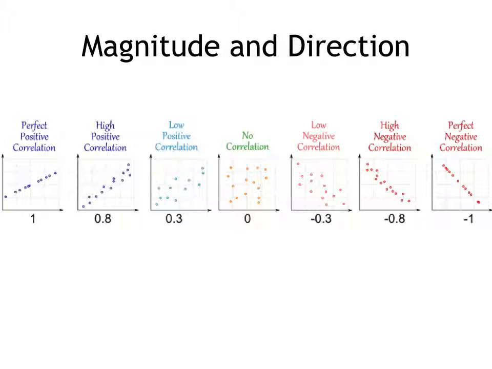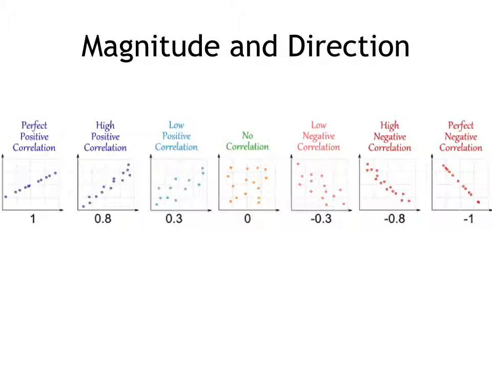The middle one, there's no correlation. There, you cannot see a pattern or a slope at all. Then the next one to the right, as the numbers across the x-axis are getting larger, the numbers along the y-axis, the scores, are actually getting smaller. So this is a low negative correlation. There's a slight slope going down to the right.